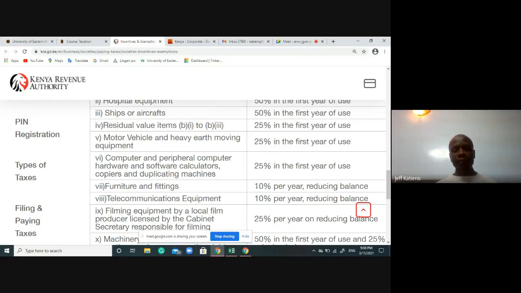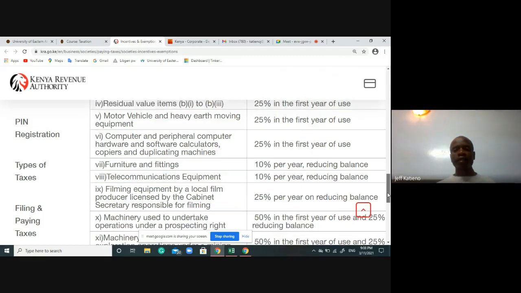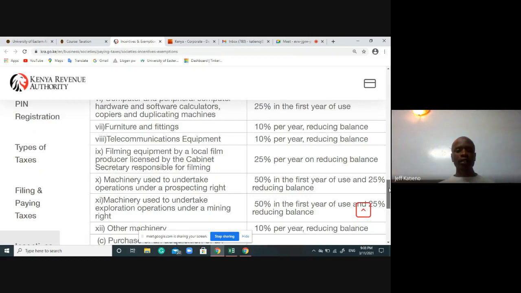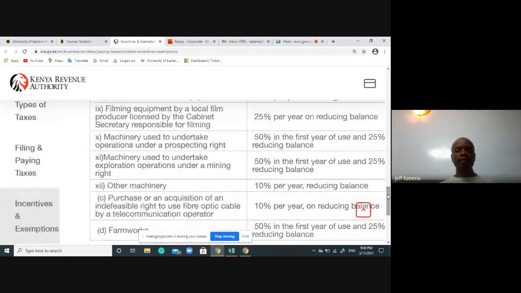Furniture is very clear, 10% reducing balance. Telecommunications equipment, 10% per year reducing balance. Filming equipment to support the film industry. Machinery used to undertake operations under a prospecting right. Then machinery used to undertake mining, like the tool in Turkana.